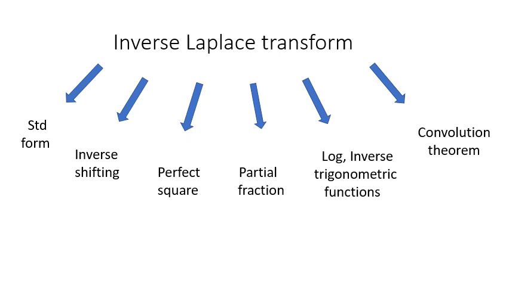In some cases, you will get log, tan inverse, cot inverse, and so on, that is the inverse trigonometric function. That is our fifth method. And the last method is applying the convolution theorem. We apply the convolution theorem when we have two standard inverse Laplace transforms. And we will discuss the 6 methods in detail.